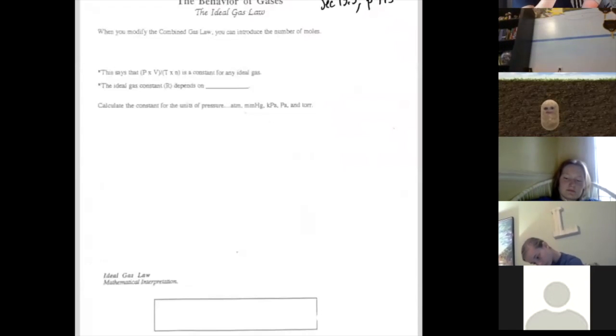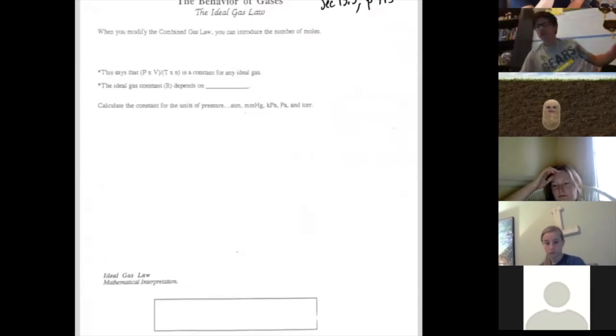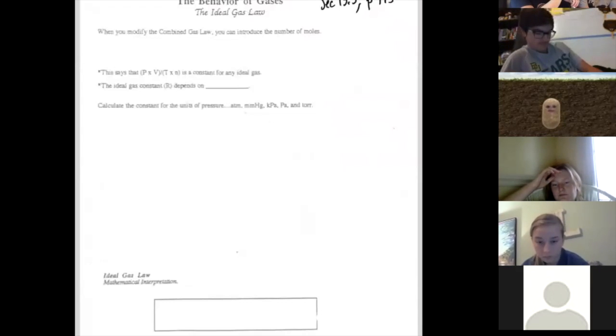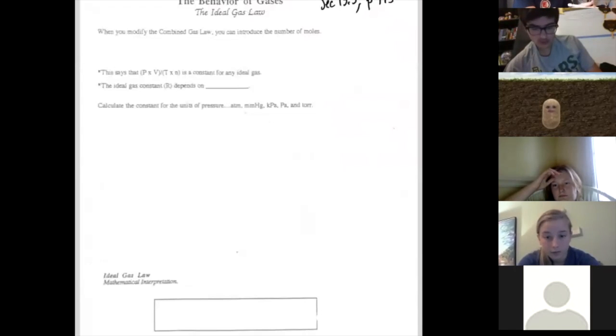So when you're reading and taking notes, this suffices for your notes. You won't turn these in to me since we're doing them together, and you will not need to take extra notes for yourself because basically I'm telling you what it says.